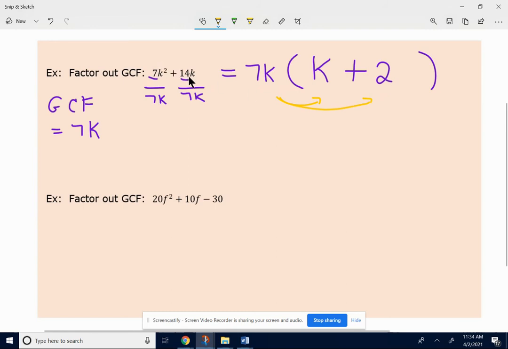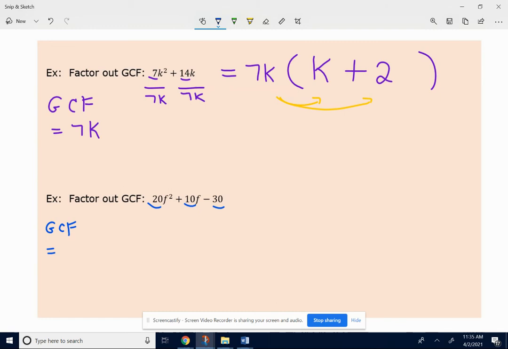Let's look at one more. Factor out 20f to the second plus 10f minus 30. Greatest common factor: look at your numbers first. 20, 10, and 30. What's the biggest number that will divide into 20, 10, and 30?